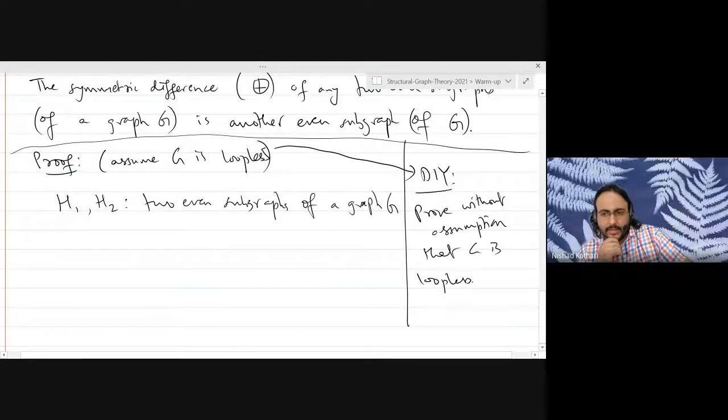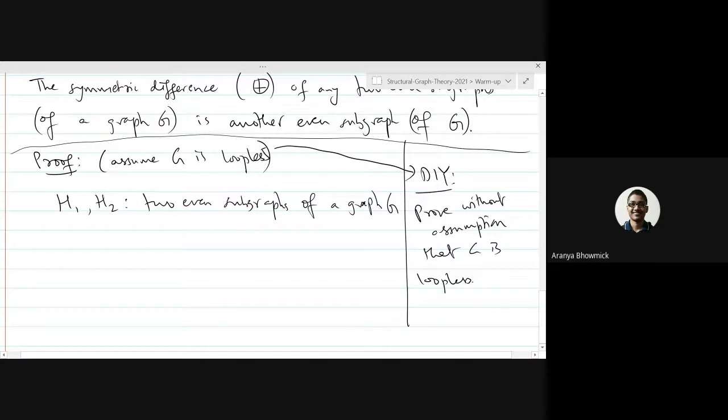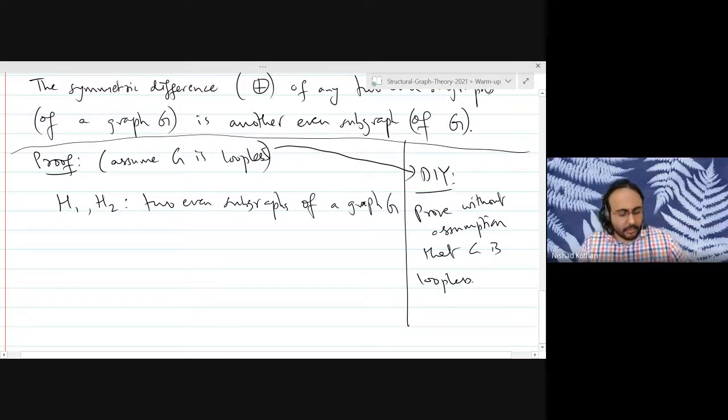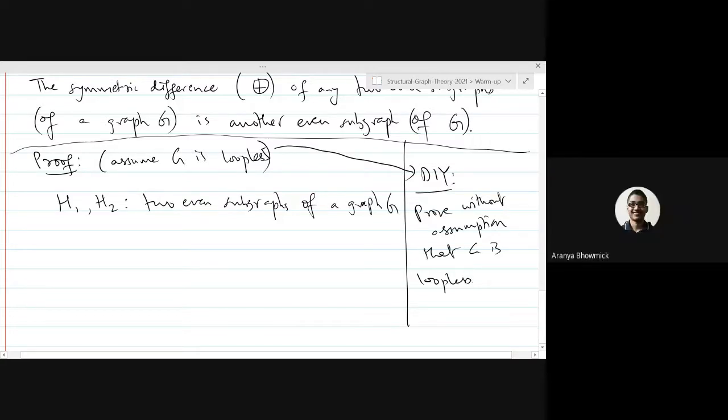Right, so that's an exercise. Okay? So we have to do it separately. No, I just want you to first see the proof of this and see how you can generalize it to graphs with loops. But you can also deal with loops separately if you like. Okay, sir.